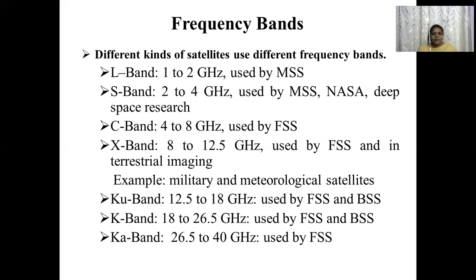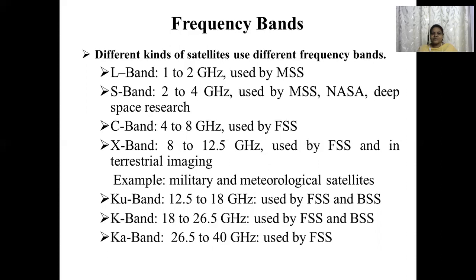Then coming to K band, the frequency range of K band is 18 to 26.5 gigahertz. It is also used by FSS and BSS. And lastly, Ka band. The frequency range of Ka band is 26.5 to 40 gigahertz, and mostly it is used by FSS.